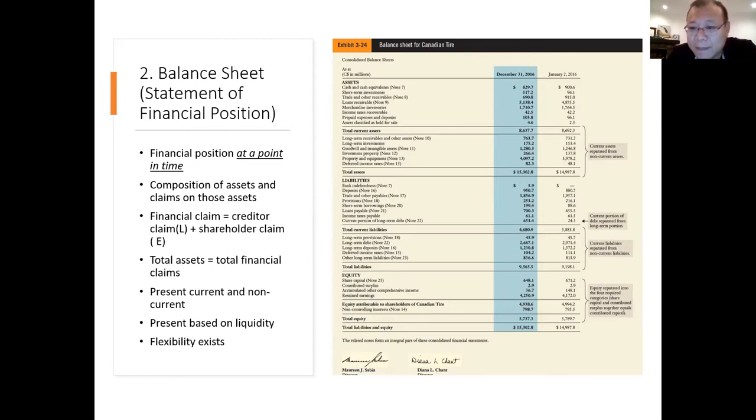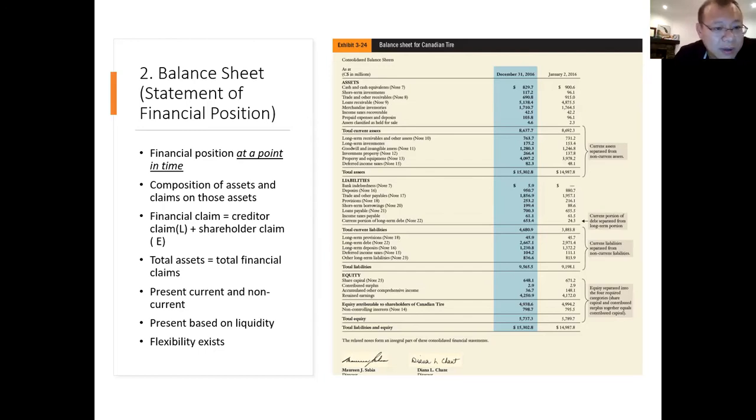There are maybe four basic categories. You have share capital and contributed surplus. These two together are called contributed capital. And retained earnings is the same; we are really familiar with retained earnings.